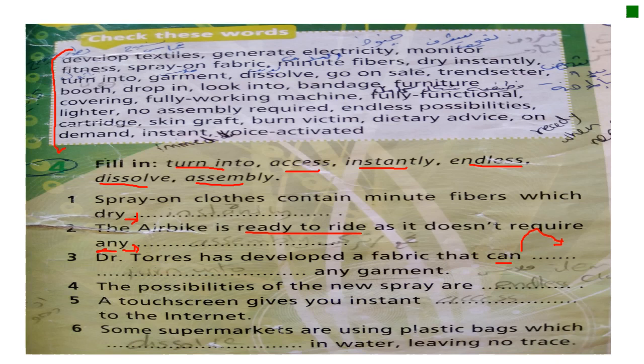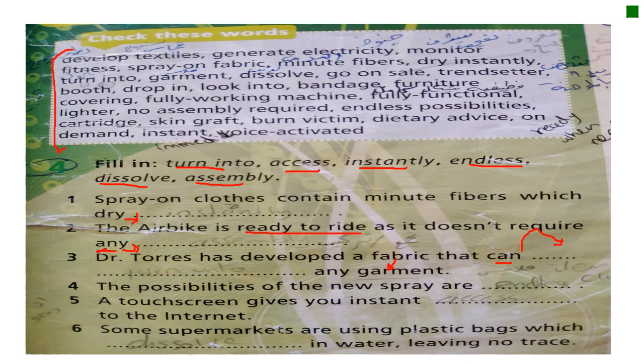This is another verb, but according to the meaning, the fabric becomes or can become any garment. Garment such as tops, t-shirts. So this fabric can turn into any garment, can become any garment.